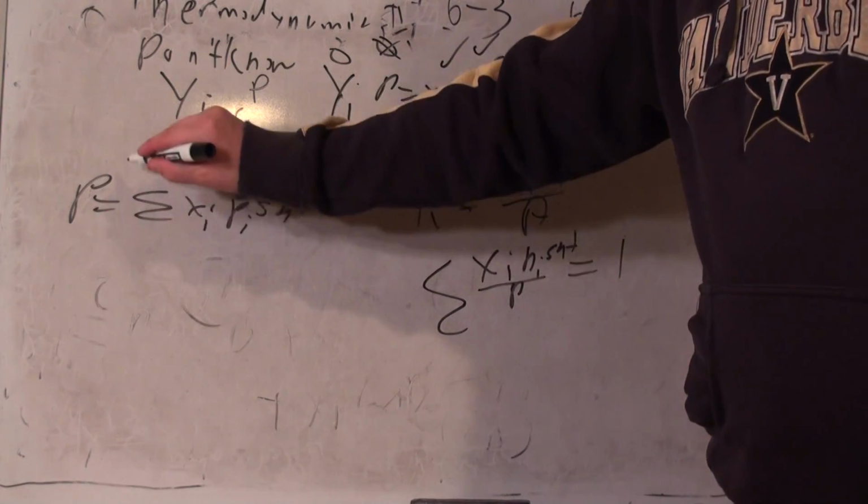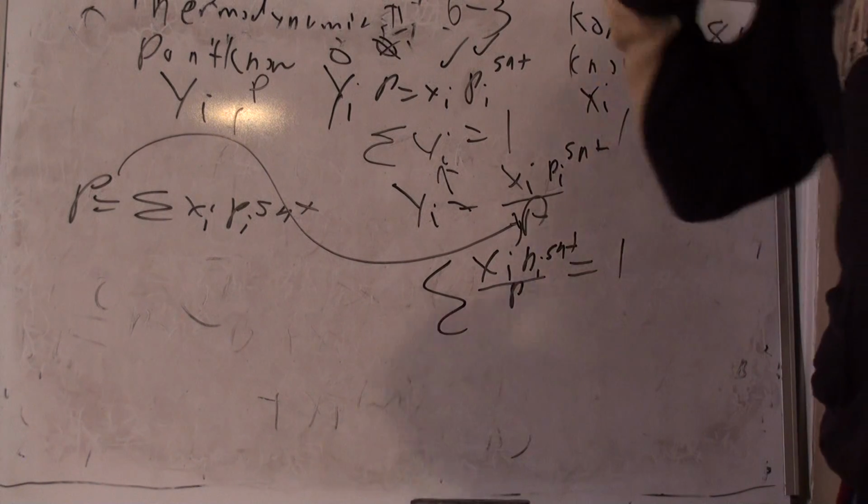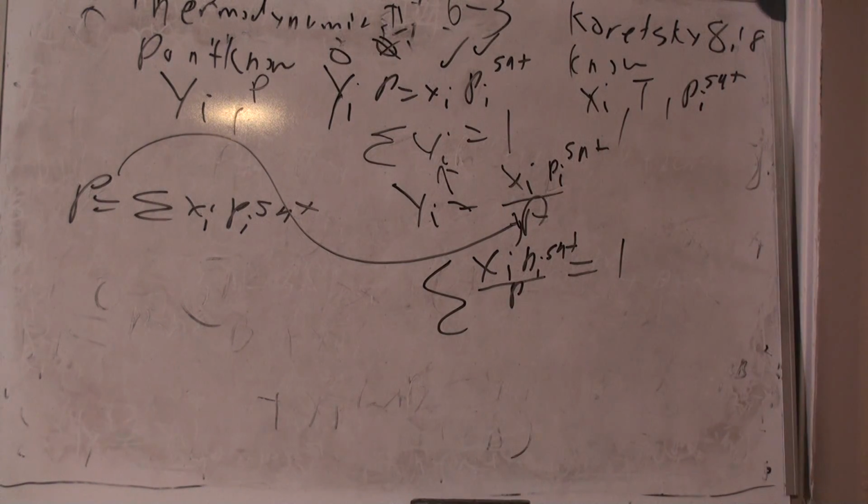And so I can plug this value into here and get each and every separate yi. And they should add up to 1. If they don't add up to 1, it's probably just a rounding error more than anything. And let's face it, that's all I need to do. I don't need to do anything more drastic or weird or crazy. That's all I need to do, and I can get what I need to get.